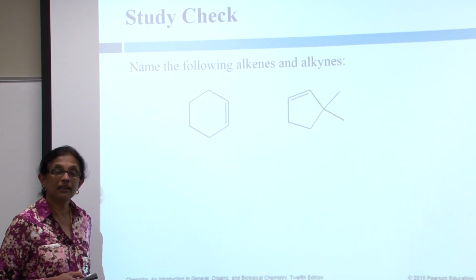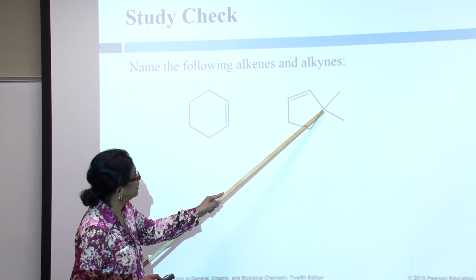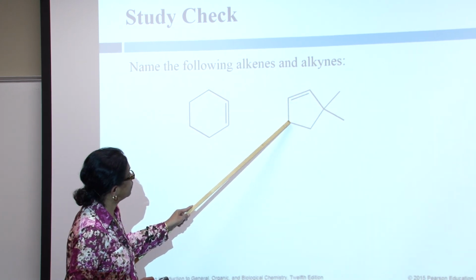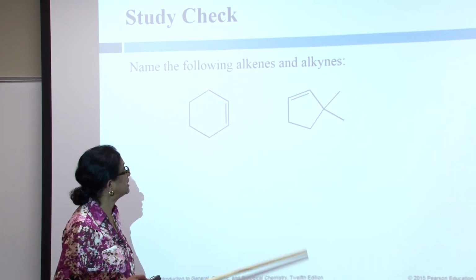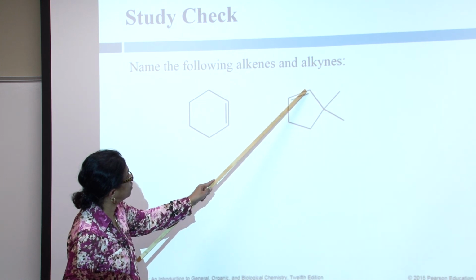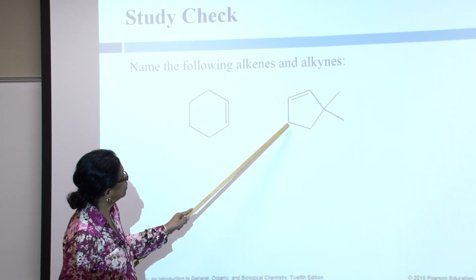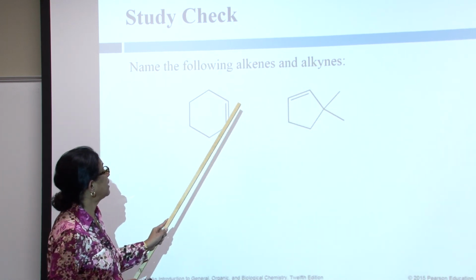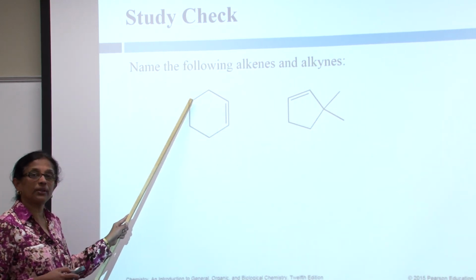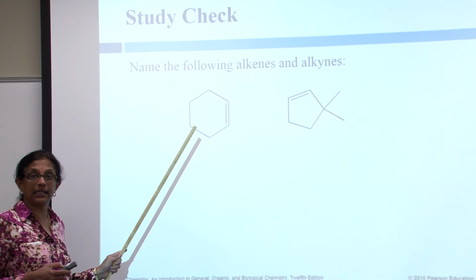Hexene. 1, 2, 3, 4, 5. Pentene. Because when I'm numbering, this has no substituent, so I can just say cyclohexene.